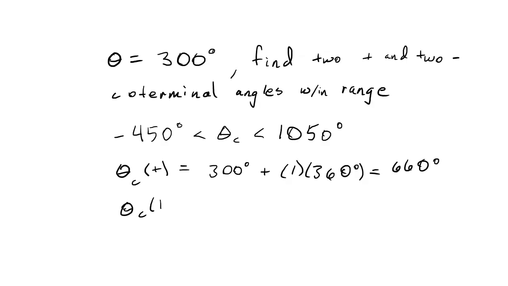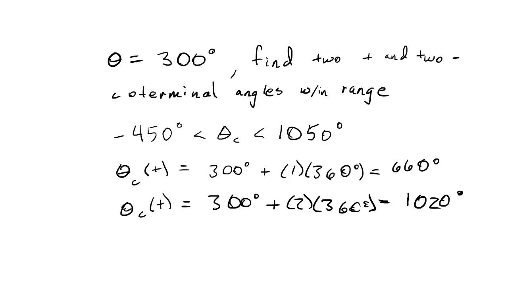So the second answer has to be with k equal 2. So we take 300 degrees and add 2 times 360. And this answer is just going to be, oh, sorry, it's not 900, it's 1020 degrees. And again, this is within the range of what they asked, and it is a positive coterminal angle.